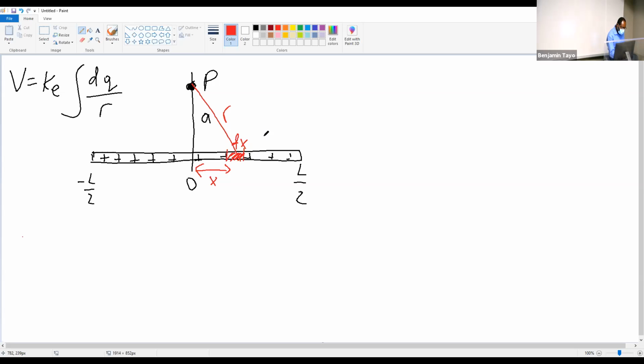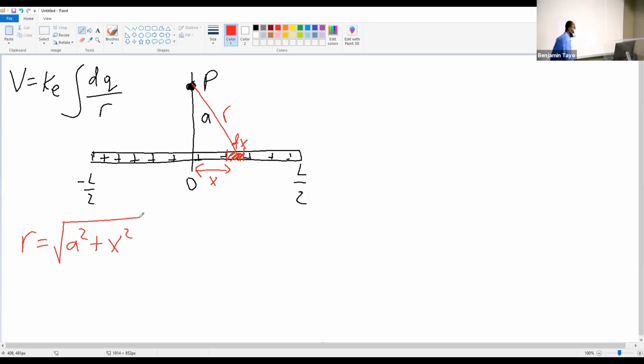So do you see that r is going to be equal to, does everyone agree with this? My r is the distance from my dx, that small length, to that point that I'm interested in, and it is given by that equation right there. So now we know what r is.